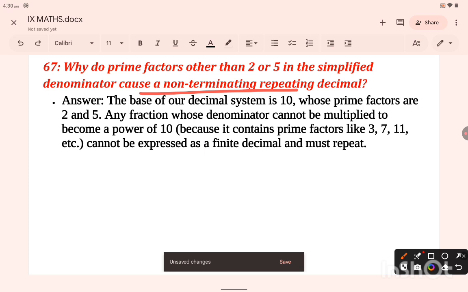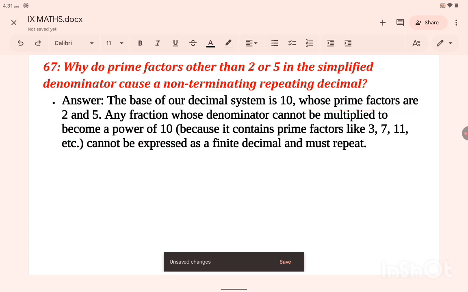Now the answer is, the base of our decimal system is 10, basically powers of 10, whose prime factors are 2 and 5. Any fraction whose denominator cannot be multiplied to become a power of 10 because it contains prime factors like 3, 7, 11, etc. cannot be expressed as a finite decimal and must repeat.